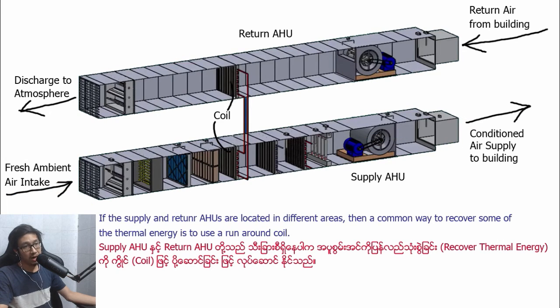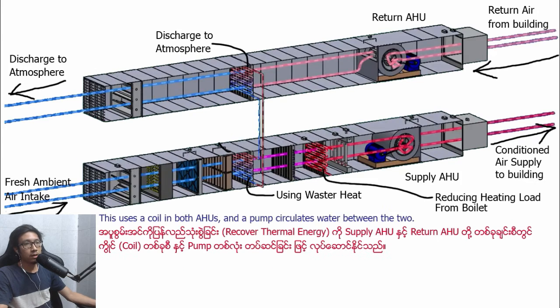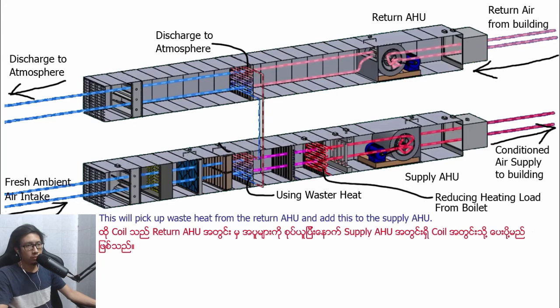If the supply and return AHU are located in different areas, then a common way to recover some of the thermal energy is to use a run-around coil. This uses a coil in both AHUs and a fan to circulate water between the two. This will pick up waste heat from the return AHU and add this to the supply AHU.